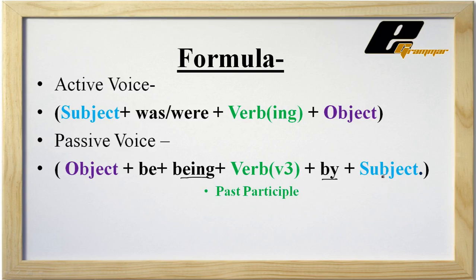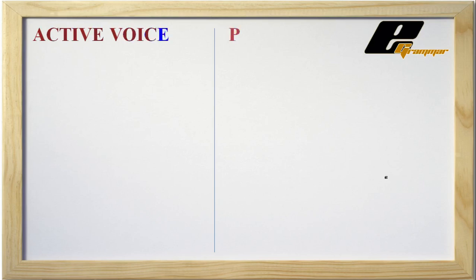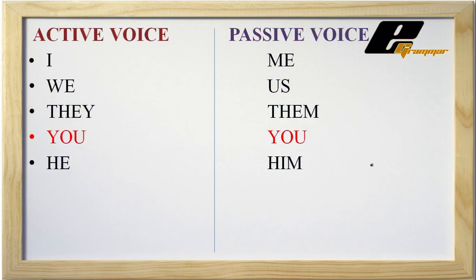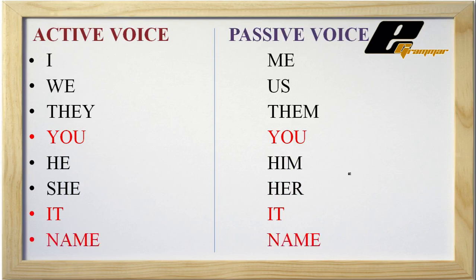While converting a sentence from active to passive, there are certain changes in the subject. Take a look at what happens with the subject. In active voice I, in passive it's me. We becomes us, they becomes them, you remains you, he becomes him, she becomes her, it remains it, and a name remains as it is.